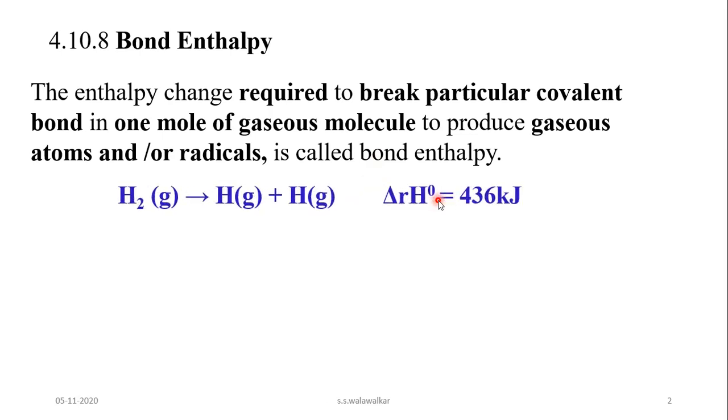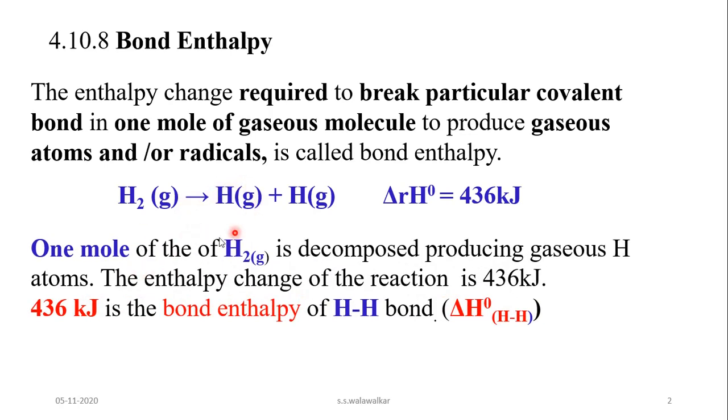For example, 1 mole of hydrogen gas, when it decomposes, gives 2 hydrogen atoms in a gaseous state, and to break the hydrogen-hydrogen bond in 1 molecule of hydrogen gas, how much amount of energy is required? 436 kilojoules.